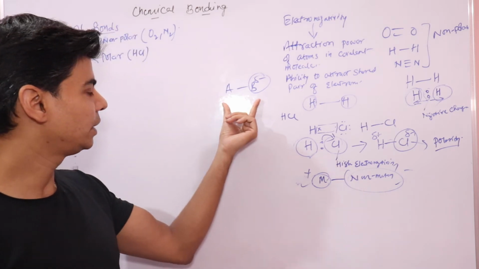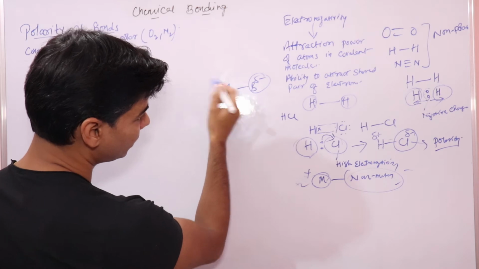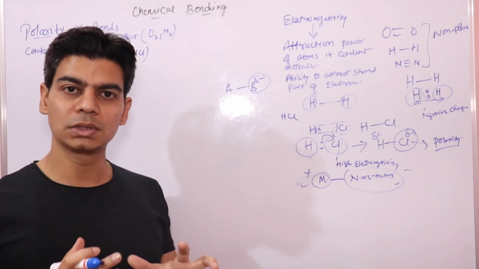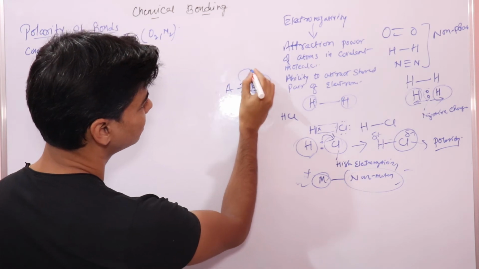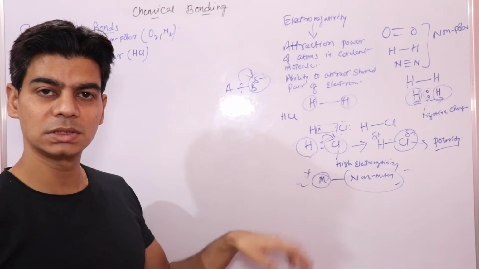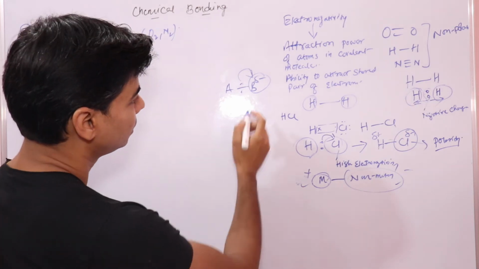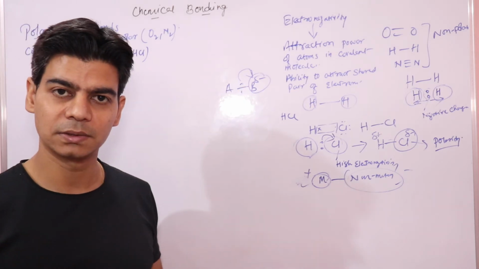So when the electronegativity difference is too high, the other atom will lose control of its own electron, and this electron pair will be completely displaced towards the more electronegative atom. Thereby this will acquire a negative charge, this will acquire a positive charge, right?